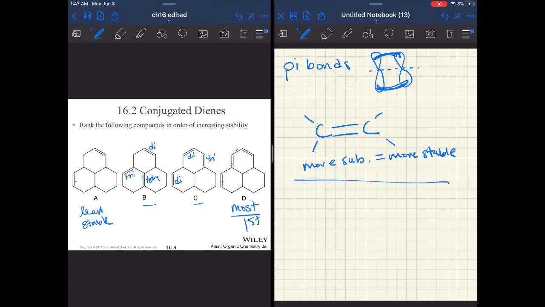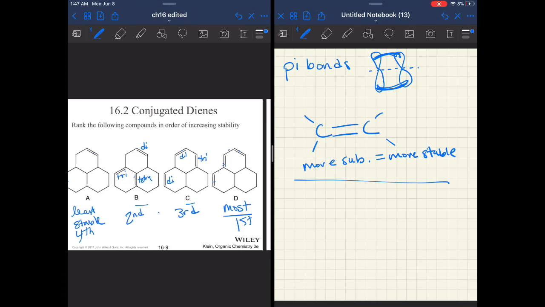So B has the more substituted double bonds, so this is going to be the second most stable. And then C is going to be third. And then, of course, our least stable we can say is fourth. All right, so that's one way to help us review a little bit of the past and practice with our present, new information.